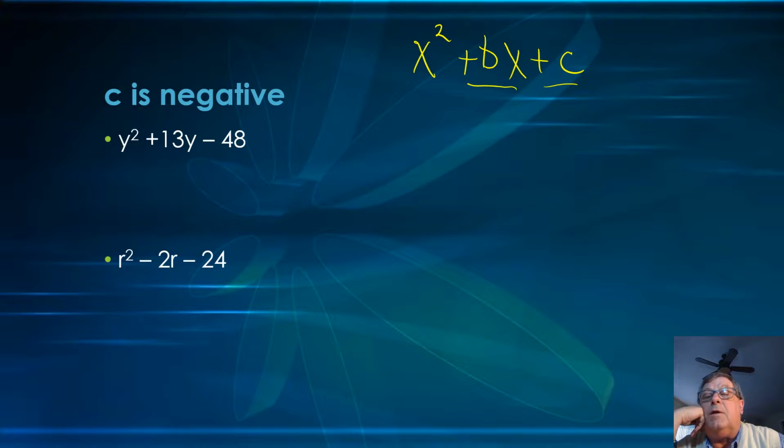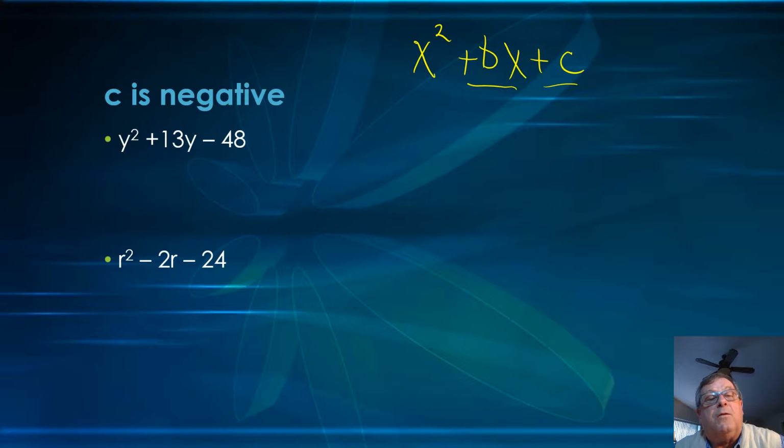We've also looked at it when the middle term was negative and the last term was positive. If the middle term and the last term are positive, inside our factors are both going to be positives. If the last term is positive but the middle term is negative, then inside our factors we're going to have negative signs.